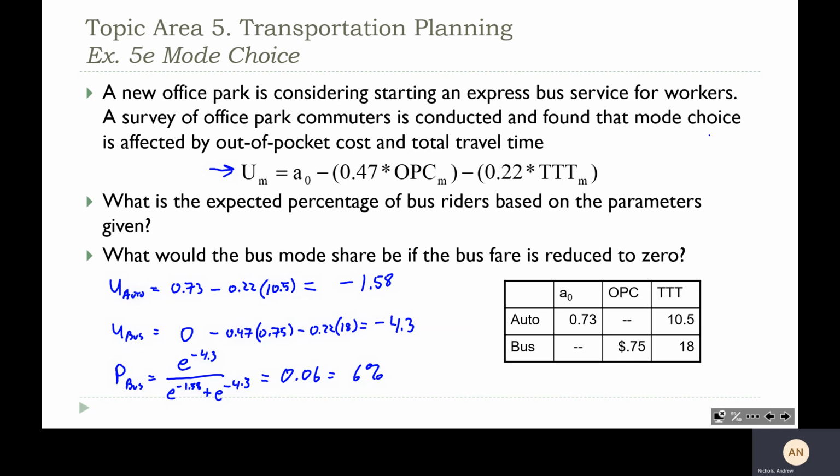The second part is, what would the bus mode share be if the bus fare was reduced to 0? So what would change if we were going on and doing the second part of this problem? So the 75 goes away. The value would still remain the same, negative 1.58, but then we would have a new value here that is just 0.22 times 18.